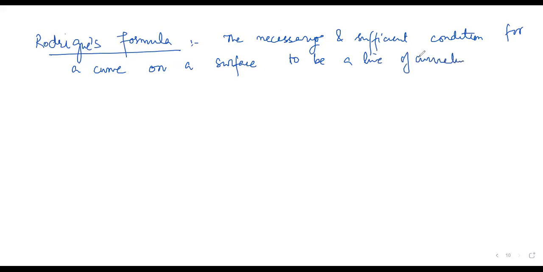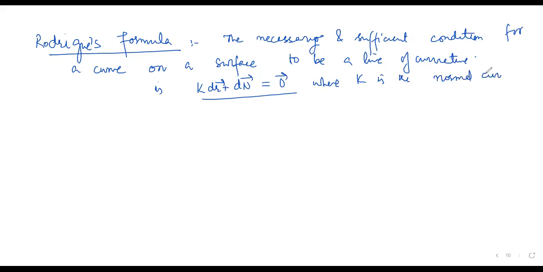We had done a necessary and sufficient condition before too. It is k dr plus dn, of course these are vectors, is equal to 0 vector, where k denotes the normal curvature. At that point, if the normal curvature satisfies this, then it will be a line of curvature, and if it is a line of curvature, it will satisfy this, where k is the normal curvature.